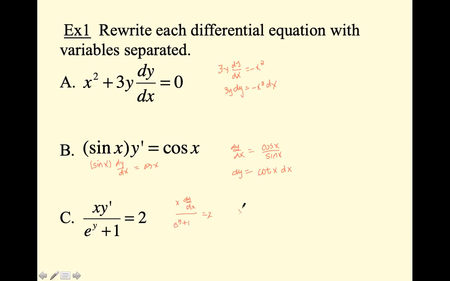So I can get that dy/dx lower. So that gives me 2 times e to the y plus 1. All right, I'm going to move the dx over at this step, and hopefully you can kind of see where we're going with this.